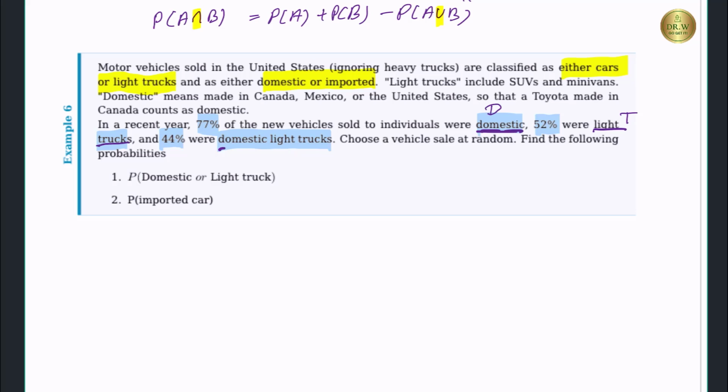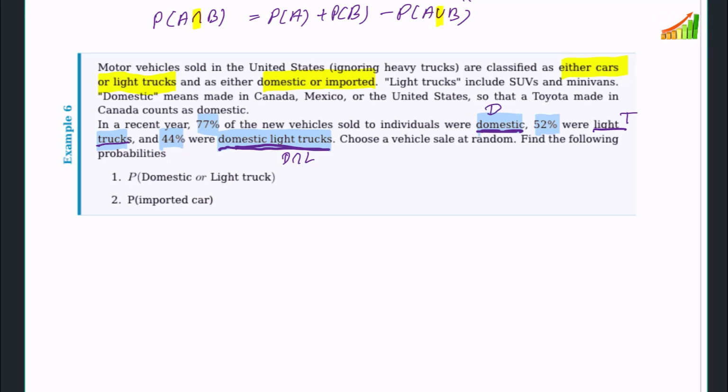Then here you see domestic light trucks. What is the domestic light truck from D and T? It is domestic and light truck. That means domestic and light truck.